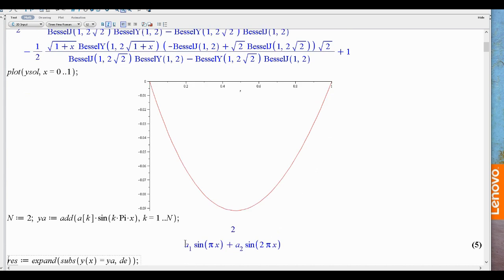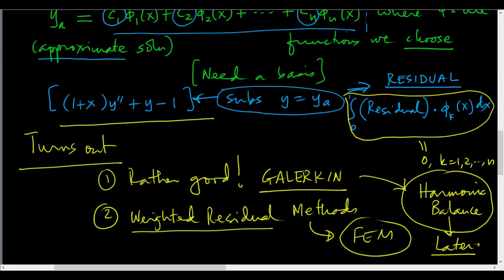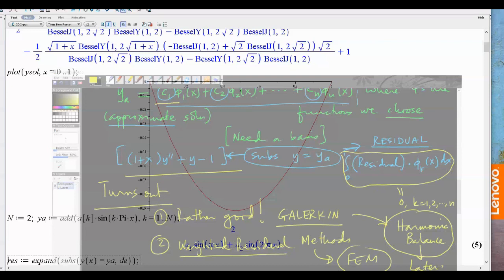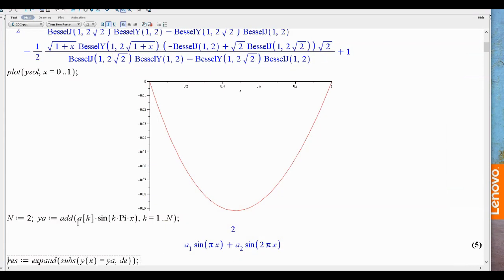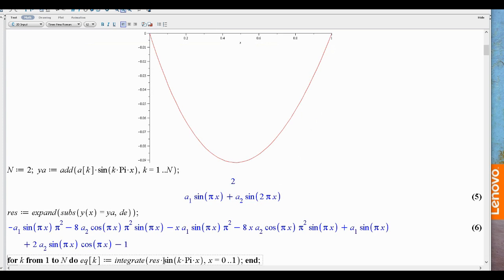So here is my approximation. In this picture here, I had used C1, but I have written A. Don't be confused. So this is my approximation. I have to find A1 and A2. All right. What I do is I create the residual by expanding and substituting, and you see there is the residual. It's a longish expression.